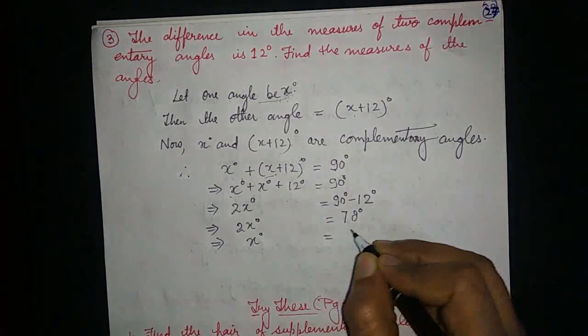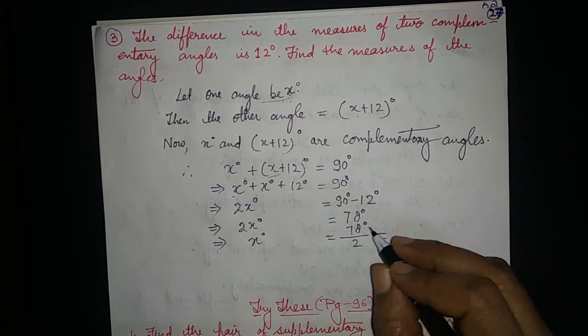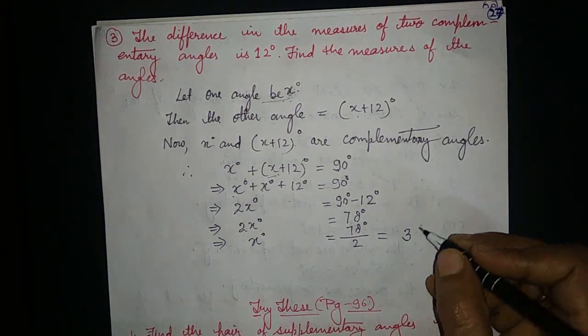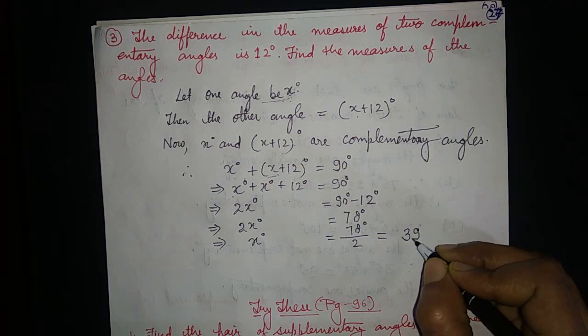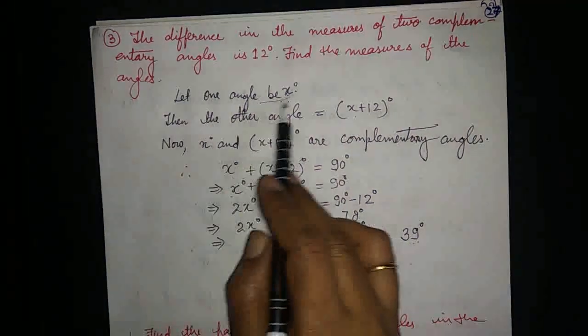In the next step, 78 degree divided by 2: 2 3s are 6 and 2 9s are 18. 39 degree is coming, the measure of one angle.